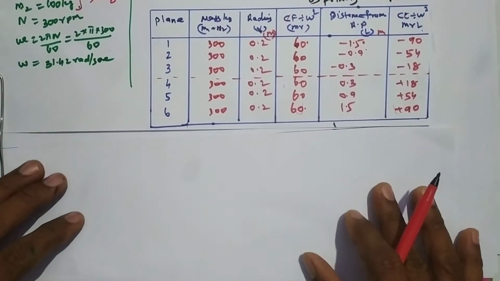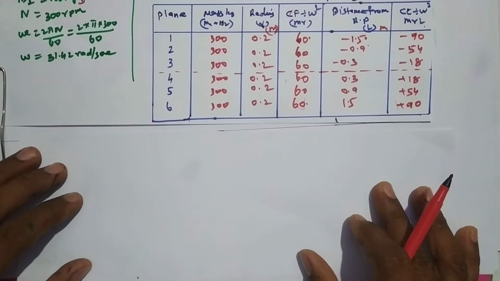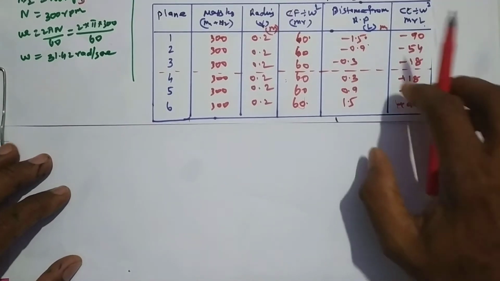Okay, so next you go to draw the couple values. How do you draw it? You just see it, right?